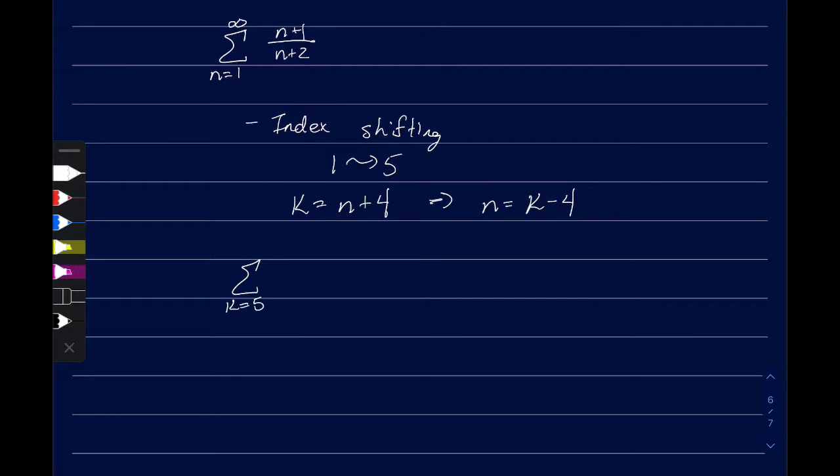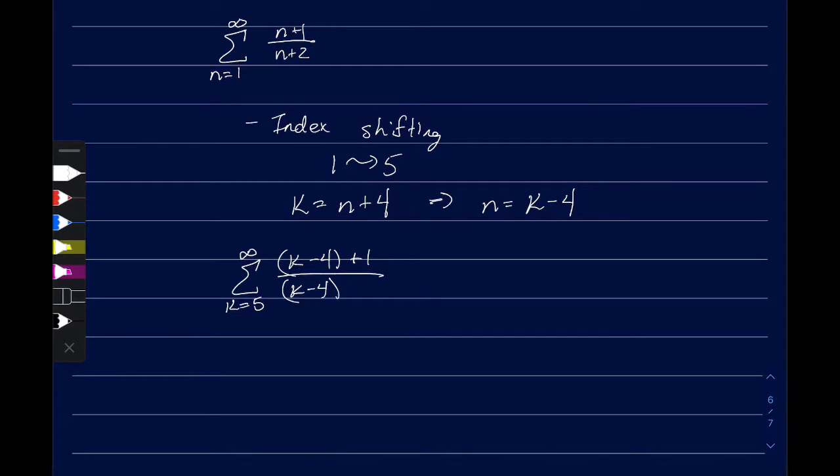So replacing this, our starting index for k now starts at 5, because 1 goes to 1 plus 4, which is 5, to infinity, because infinity plus 4 is infinity, and we're going to replace n with k minus 4.